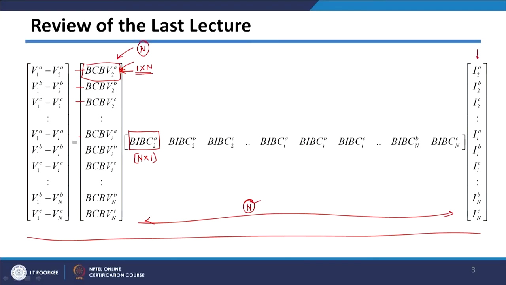These are the I nodes, generalized, basically load currents, and these are the voltage differences with respect to the source node. We take the voltage difference of every node with respect to the source 3 phase voltages, and these are the unknown node voltages.